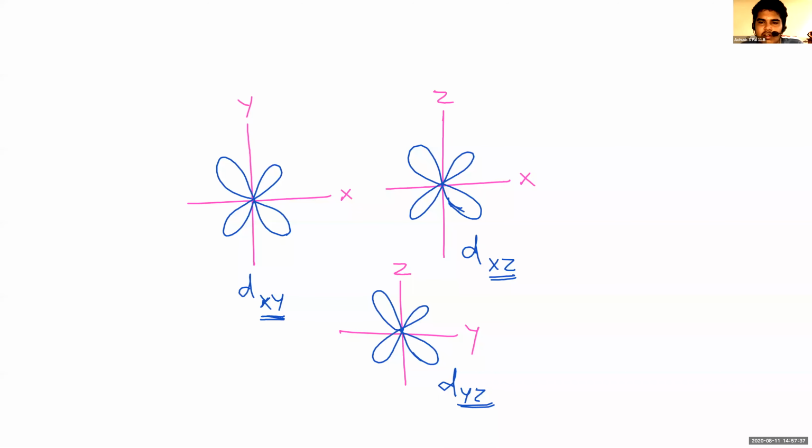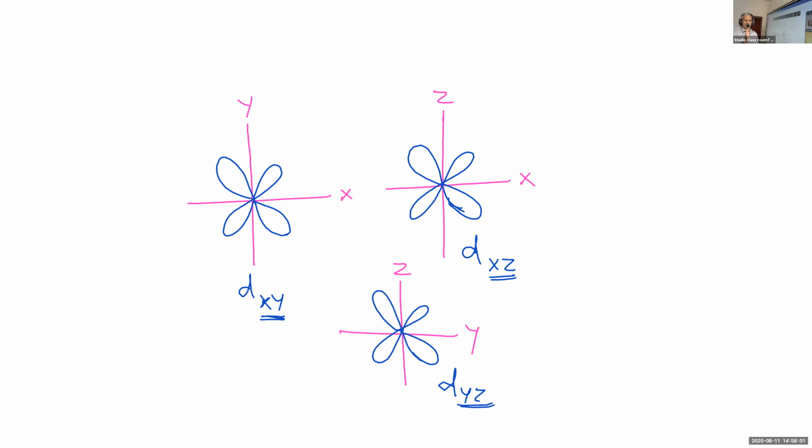Yes, sir. When you are asked to draw the shape of the d orbitals, you draw only two perpendicular axes. That is to avoid confusion. You need not draw all the three axes. Draw only two axes and label them accordingly.